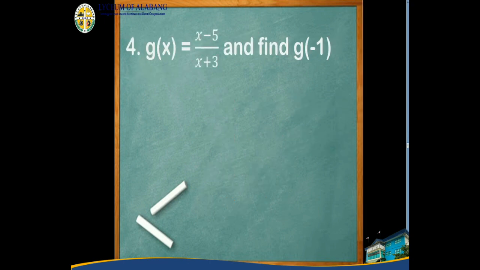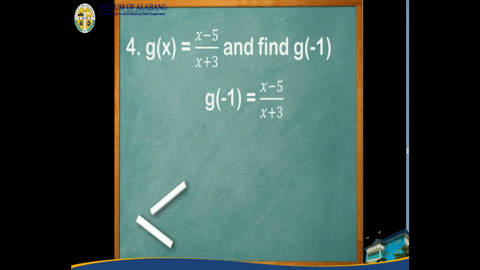Number 4. Evaluate the function g of x is equal to x minus 5 over x plus 3 and find g of negative 1. G of negative 1 is equal to x minus 5 over x minus 3.